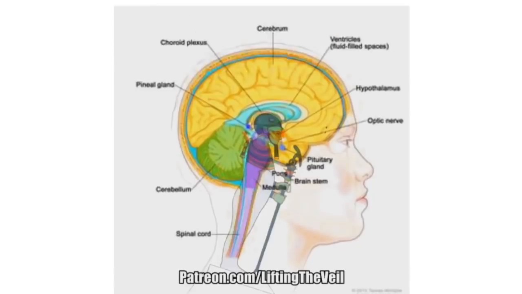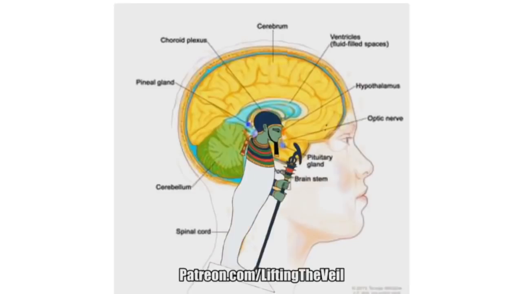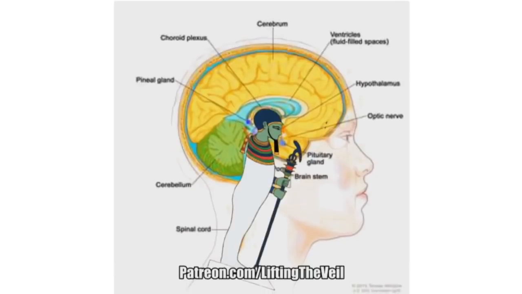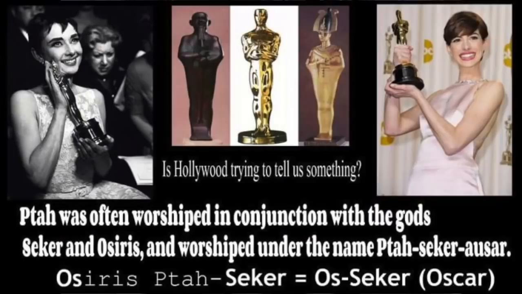Pitta conceives the world by thought of his heart and gives life through the magic of his word. That which Pitta commanded was created, with which the constituents of nature, fauna, and flora are contained. A document known as the Memphite Theology shows the god Pitta responsible for creation of the universe by thought and by the word. And it's funny how this directly links to the Genesis creation story, long predating the Genesis creation story.